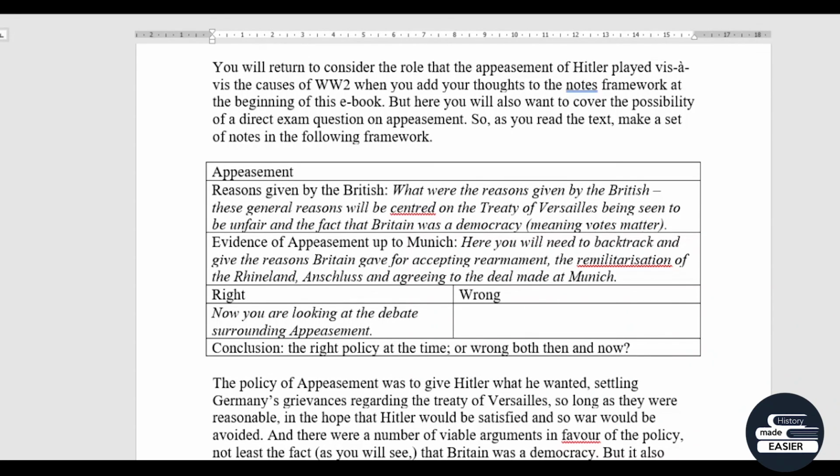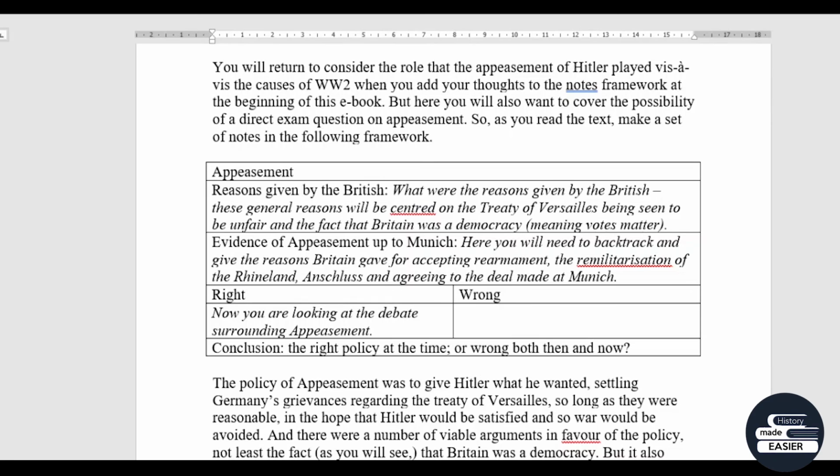So let's have a look first at the notes framework that I have. And you can see that I give reasons. First of all, overarching reasons, and I think these centre on the fact that Britain was increasingly seeing the Treaty of Versailles as being unfair on Germany, but also the fact that Britain, as a democracy, had a problem with going to war so easily.